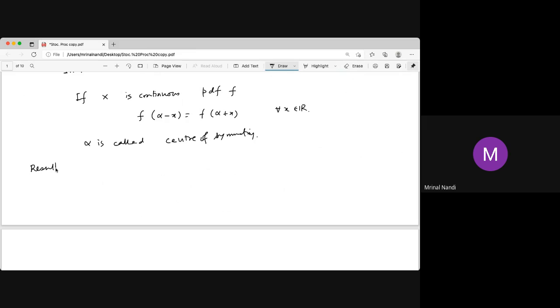One result is: if X is symmetric with alpha as the center of symmetry, and if this expectation exists, that means the expectation of mod X is finite, then the expectation of X is actually alpha. So at the point of symmetry, the expectation is alpha.